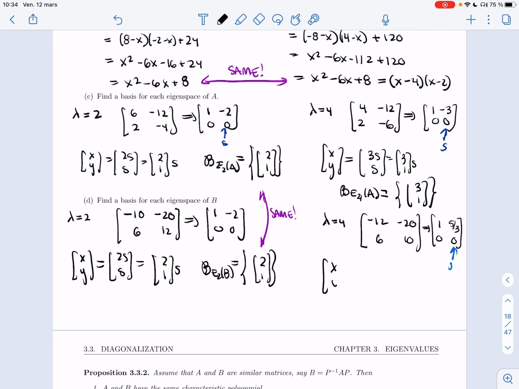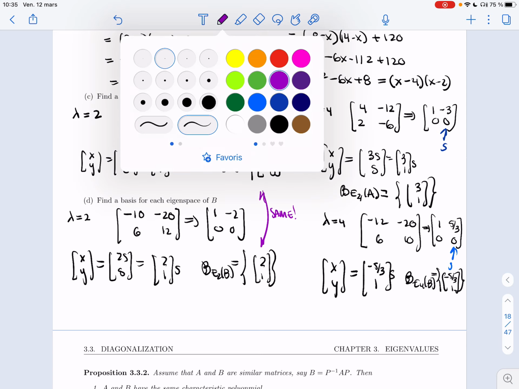All right, so x, y would be -5/3, 1 times s, and you would get a basis which is (-5/3, 1), and so these are different.